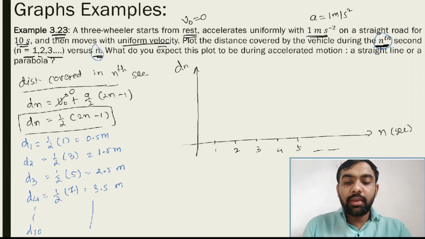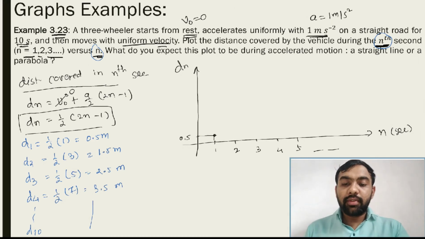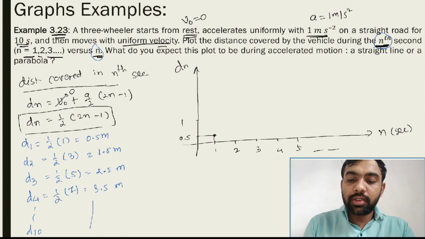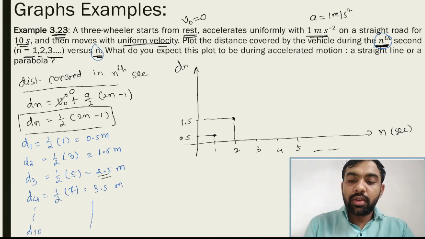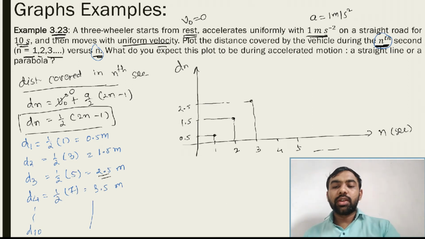First second is 0.5, so suppose here somewhere is 0.5, so this is the first point. Second one is 1.5, somewhere here, so this is the second point. Then 2.5, where is the 2.5, this one.